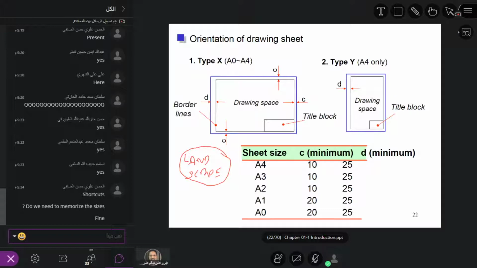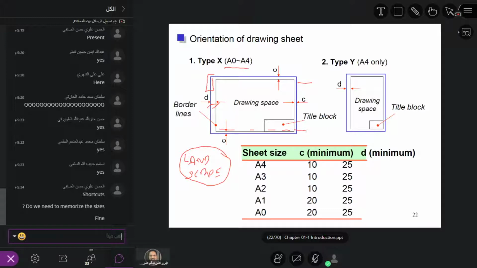This is the landscape. So A0 to A4 for a drawing sheet, it should always be oriented with the bigger length on the bottom, the smaller one on the vertical side. And you should always give certain distance here, in order to fix your mini drafter.